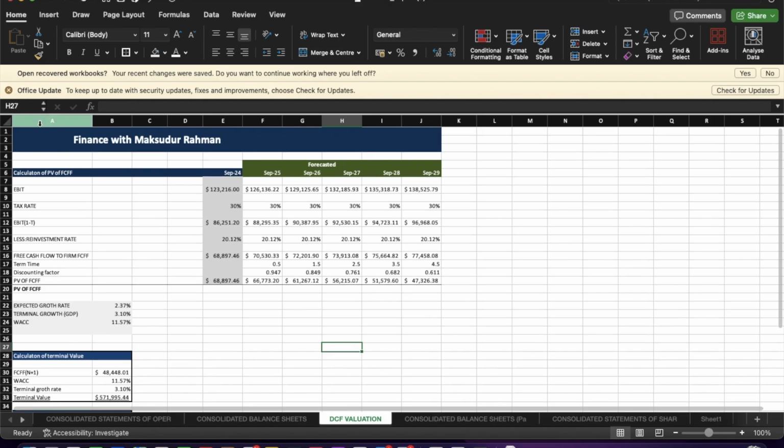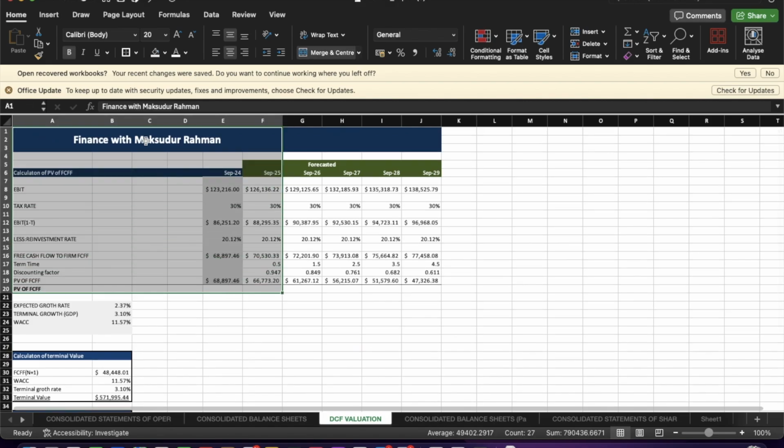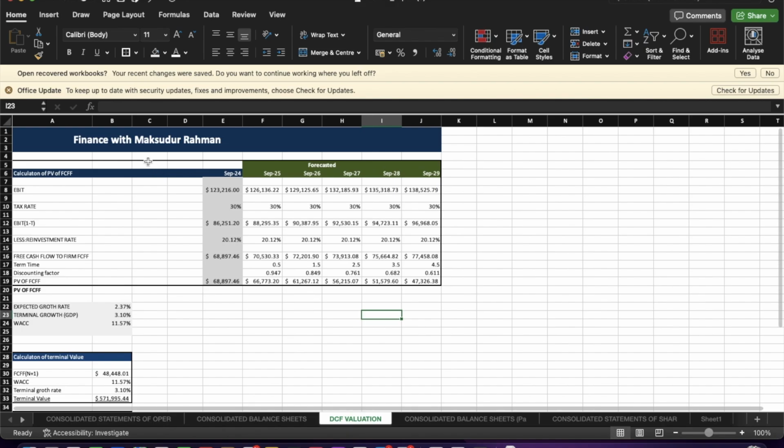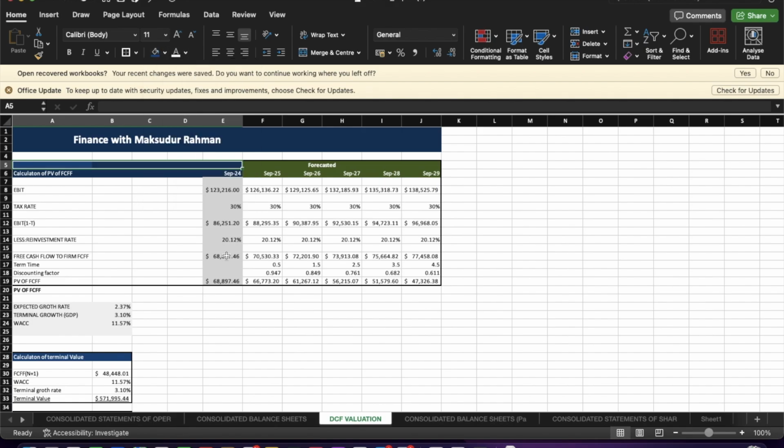So this is the main purpose of DCF: to value a company, to do mergers and acquisitions, or to see if the share is trading at a discount price or at a premium, and make the investment decision for the investor, or for the analyst himself as well.